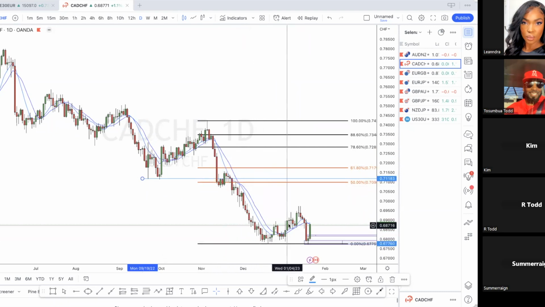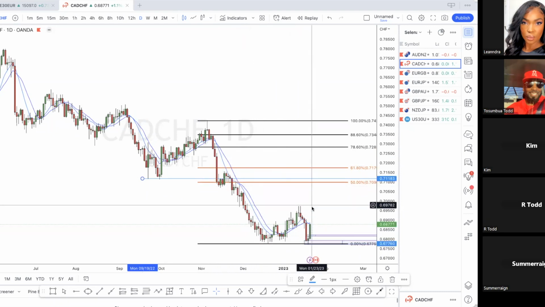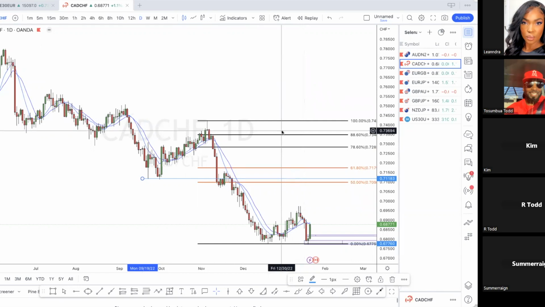And now we're going to run back up to the top where we said we needed to go, at least to that golden zone, probably all the way back up to the area that Kim has pointed out, to like the 88, or whatever. Because it's still there, that right there, Kim, that little imbalance still needs to get taken care of.